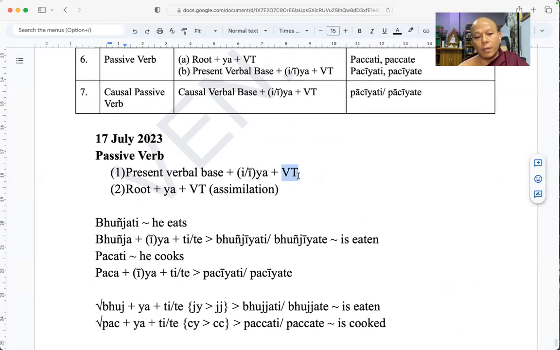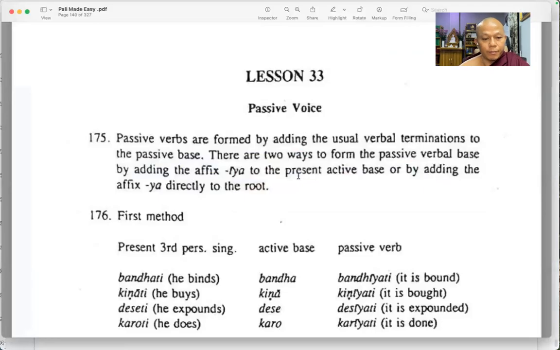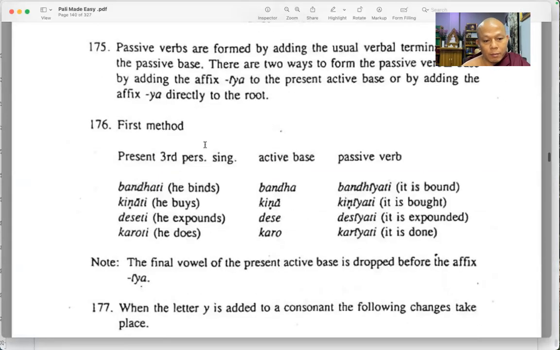This way is very simple. You see in the book, the first method. The verb bandhati, present base bandha, and then bandhiyati. The meaning is bind; bandhati is bind, so bandhiyati means it is bound. And kiṇāti, he buys, kiṇa base, so kiṇiyati, it is bought.